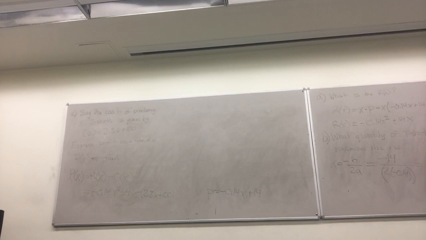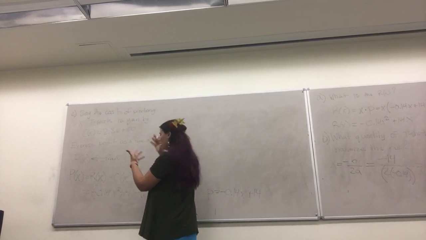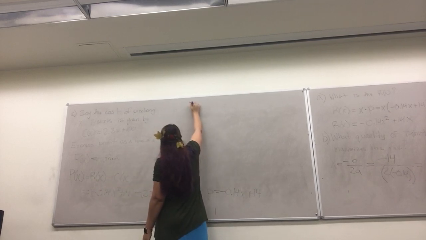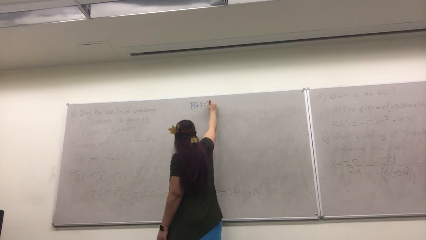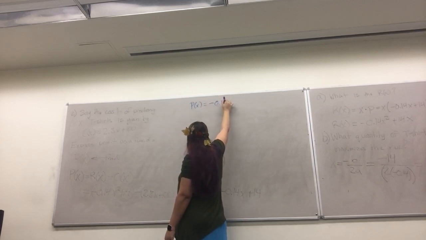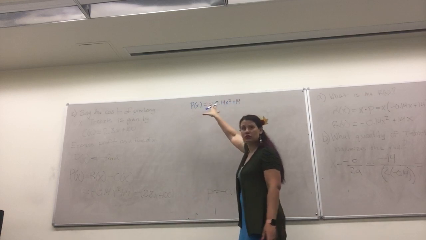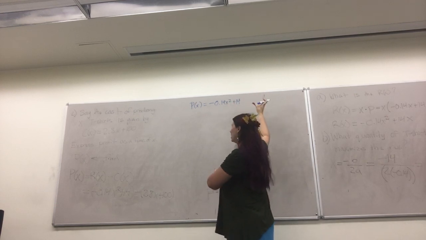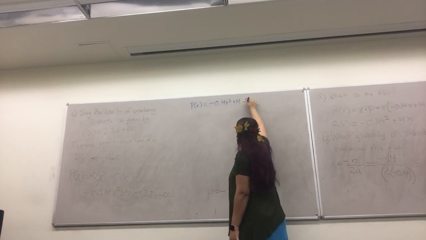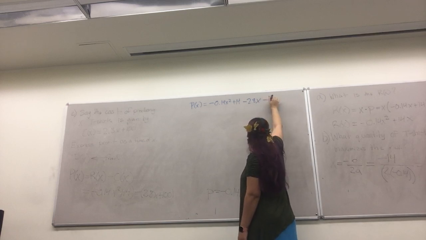So, we will distribute and combine like terms. So we have P of X is equal to negative 0.14x squared plus 14. That side didn't change, right, because it didn't have a negative on it. It's just being subtracted from. So then minus 2.8x minus. Wouldn't that be plus?